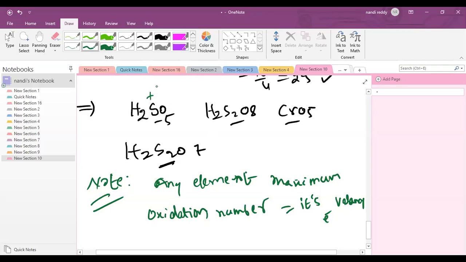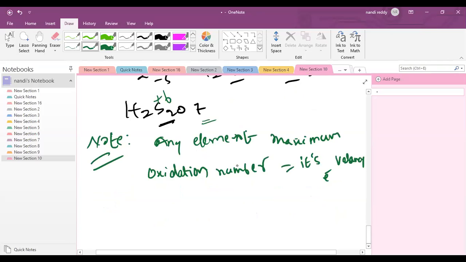This is plus 6, plus 6, plus 6. Even this one is also plus 6. All these three structures are already given, so I am not going to give those structures. I am going to give the last one's structure. This is the structure. If you want, you can note it down. It's up to you, sir.